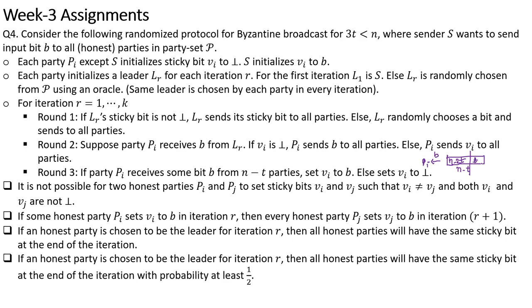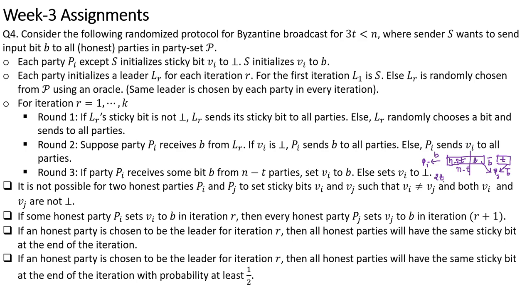These corrupt t parties may send B complement to other honest party Pj, and outside the set of n minus t parties there can be another t parties who are honest and who genuinely send B complement as their corresponding bit to Pj. Now in total Pj receives 2t copies of B complement.